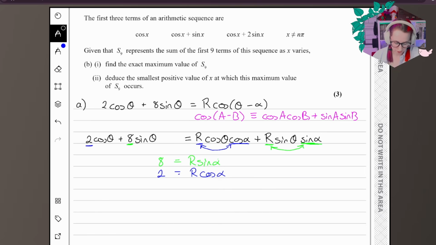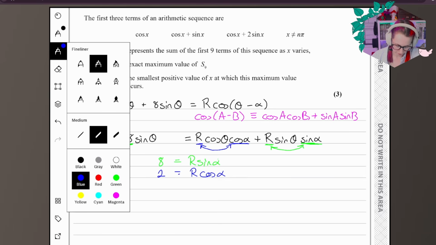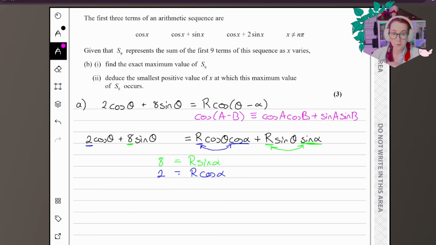So what can we do with this? Well, there's another identity that we can use, because we want to find r and alpha. That's the point of this. If we have sines and coses, we can use that sine squared of alpha plus cos squared of alpha is always equal to 1. When we square our trig functions sine and cos and sum them, they equal 1, always.